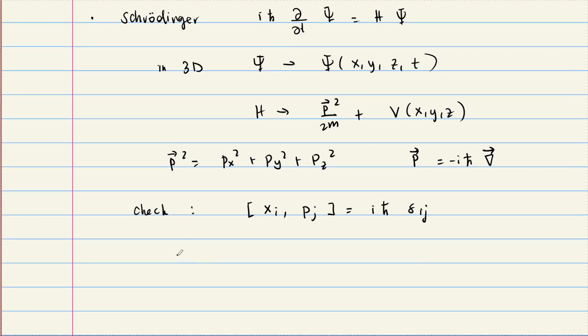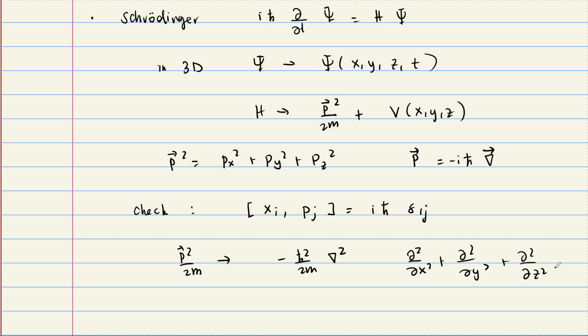And this p squared over 2m in 3D is going to be minus h bar squared over 2m times the Laplacian. For example, in Cartesian coordinates, this is going to be del squared over del x squared plus del squared over del y squared plus del squared over del z squared.